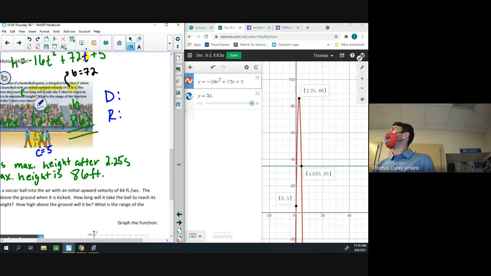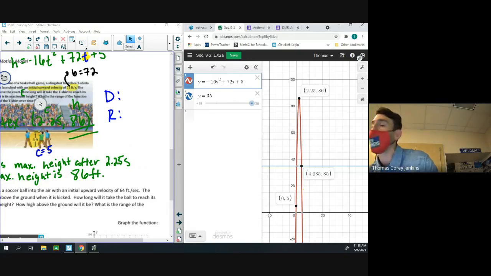We talked about this a little bit yesterday, but with story problems, in general, we just look at the first quadrant, right? We look at where seconds are positive and where height is positive. Everything else is not applicable. So our domain, that's our side to side, goes from where we started, which would be 0 seconds, to where we landed, which would be 4.035 seconds.